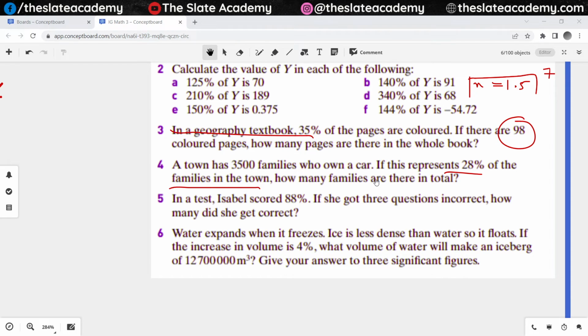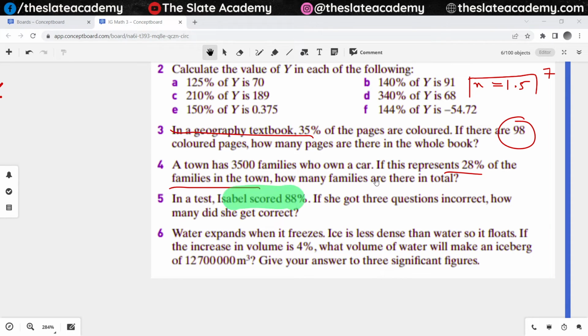Miss Noor, are you solving question number 5? 29.3 is wrong. Okay, look over here. She scored 88%.